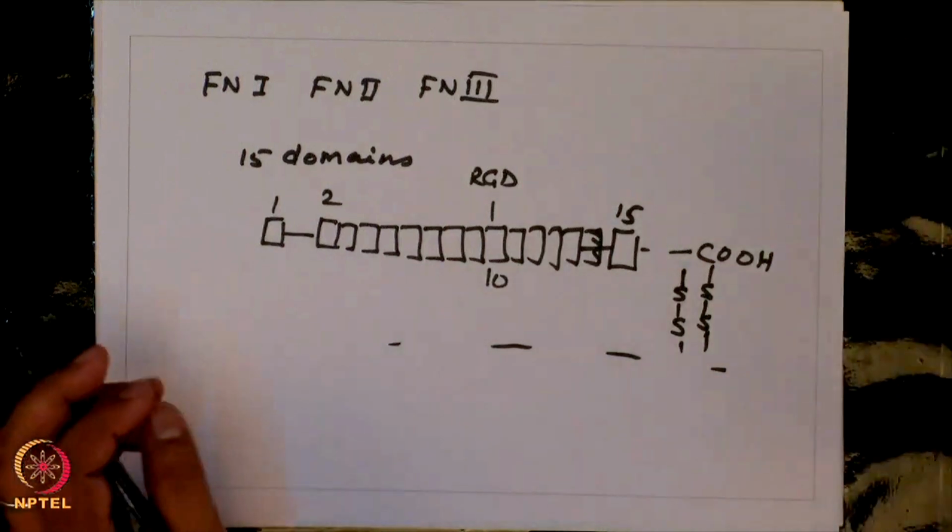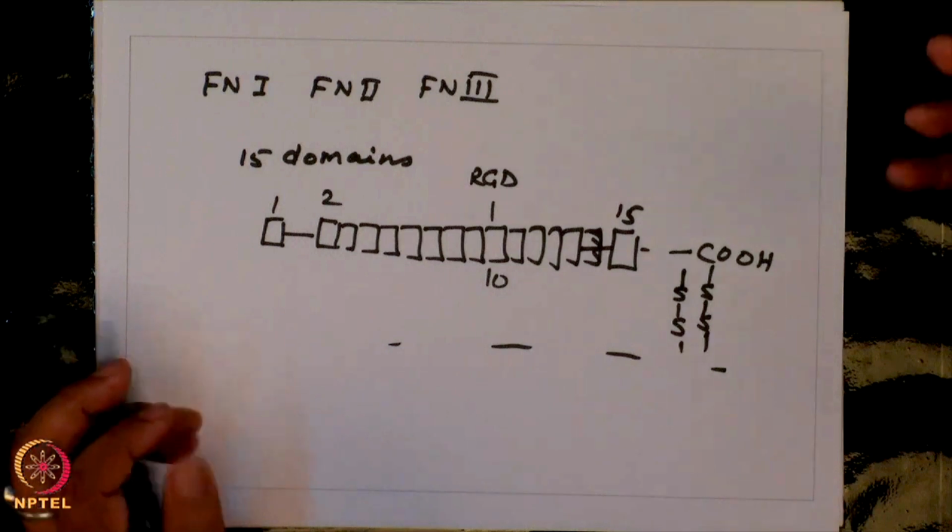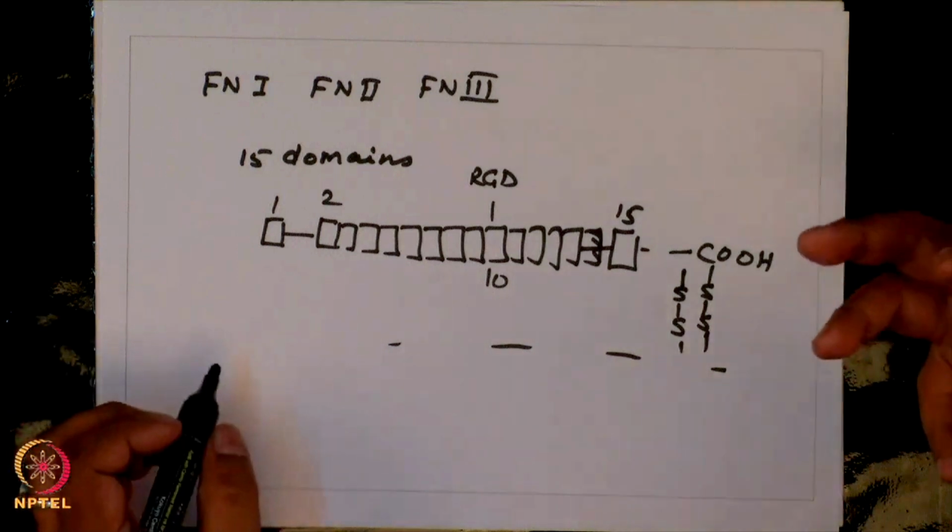Now, it is hypothesized that mechanical stretch actually induces unfolding of these modules or individual domains of it. Okay. And exposure of cryptic binding sites by unfolding triggers binding of other molecules, which drives not only matrix assembly as well as regulates cell signaling. Okay.